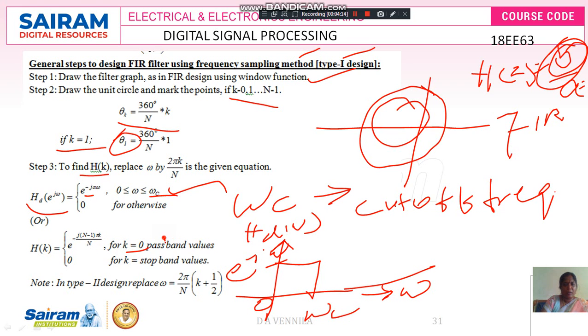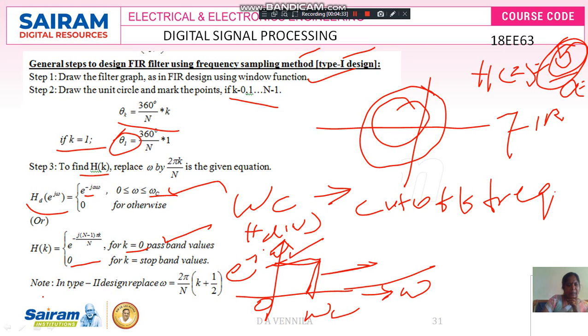For k equal to 0, it is the pass band value. For the others, that is the stop band value. This is the pass band, this is the stop band. That is why they represented k equal to 0 as pass band. K not equal to 0 means it is a stop band.